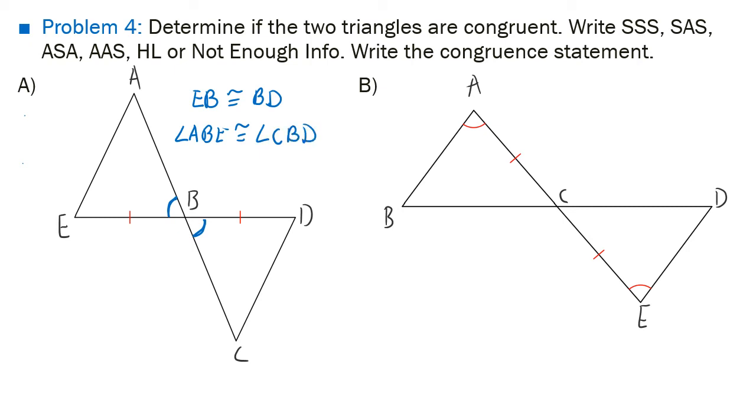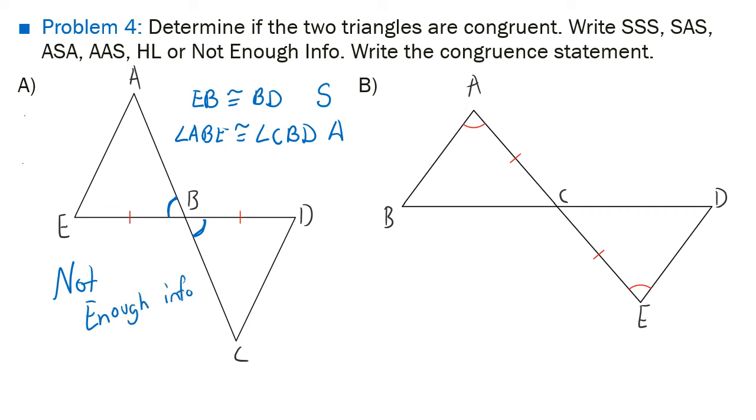Now they have provided a side and an angle, but there's nothing else there. So it doesn't match any of our theorems we have listed in our directions. So this is just not enough information. You can't prove these two are congruent triangles given what's provided.